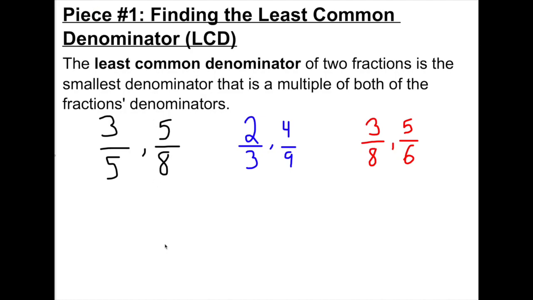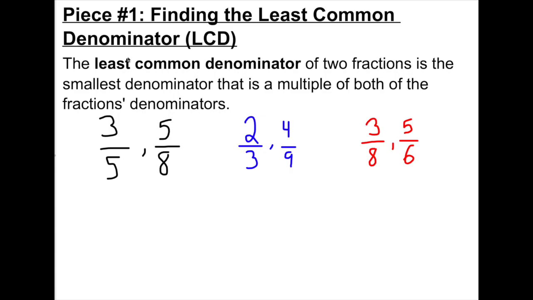So the first piece is we need to be able to find the least common denominator. When the denominators weren't the same, what you did was you found the least common denominator. The least common denominator, or LCD, of two fractions is the smallest possible denominator, hence the word least, that is a multiple of both of those fractions' denominators.